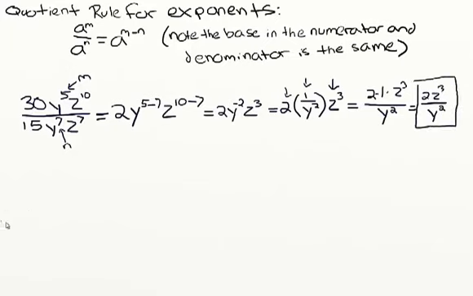Now we'll take a look at one more example. So here we have 2t plus s, all raised to the 4th power, over 2t plus s raised to the 3rd power. Now we can notice here that our base is actually 2t plus s.